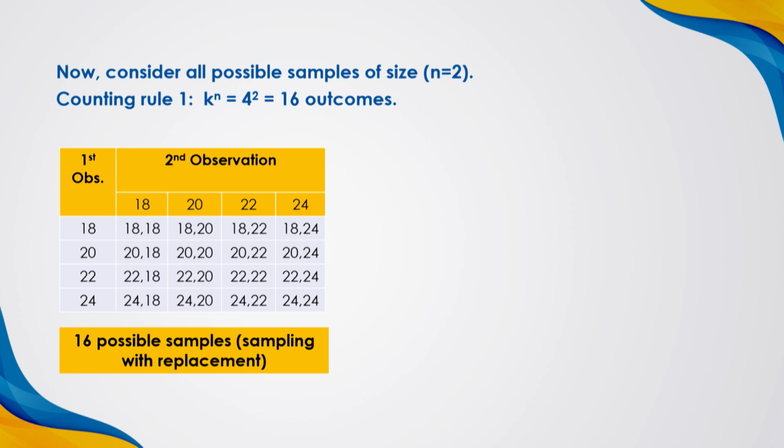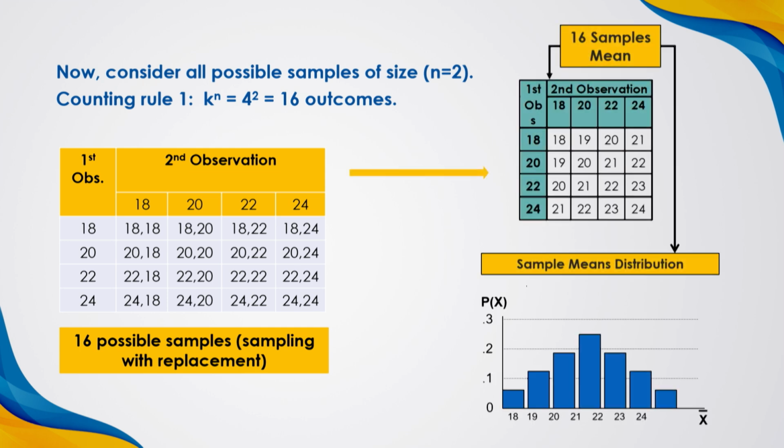We have 16 possible samples, and we can also find the 16 sample means from that. 18 plus 18 divided by 2 is equal to 18, then 18 comma 20 is equal to 19, and so on. We can find all the 16 sample means from these 16 possibilities.